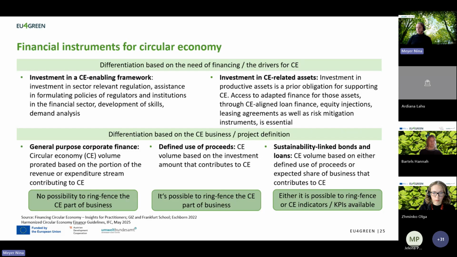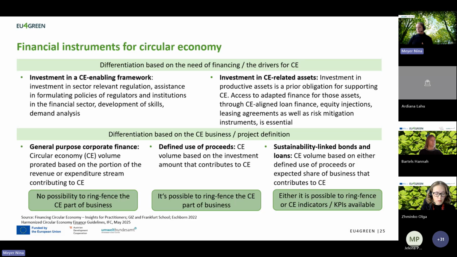On this slide, we are going to talk a little bit about the differentiation of circular economy. From what we heard earlier, it's still evolving. So the definitions are still evolving, like how to cluster it, how to differentiate. We can say that there is usually an investment in the circular economy enabling framework, which can be anything from investing into regulation, policies, and the development of skills, analysis.